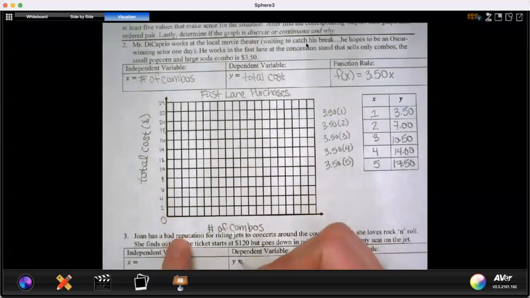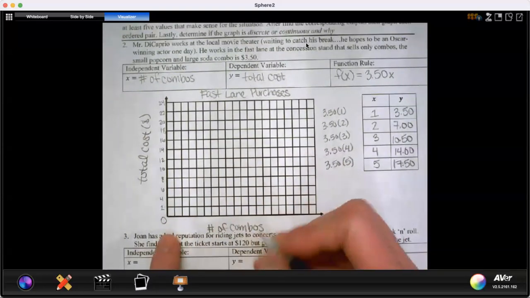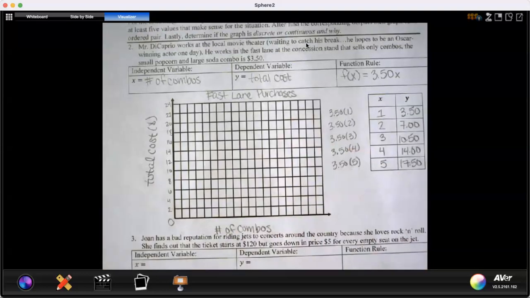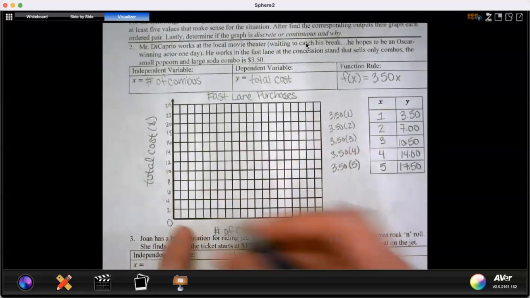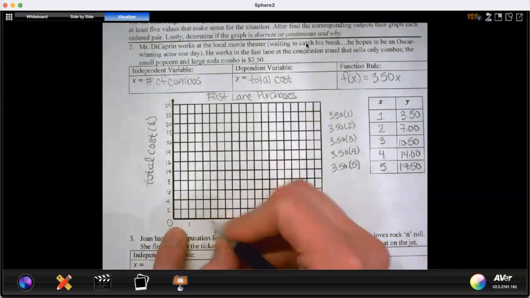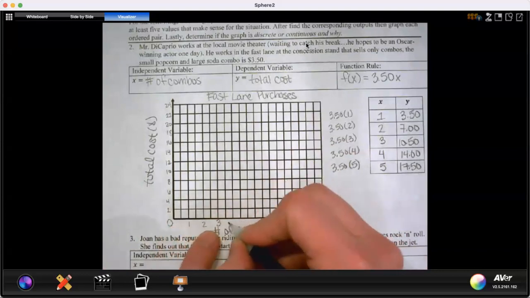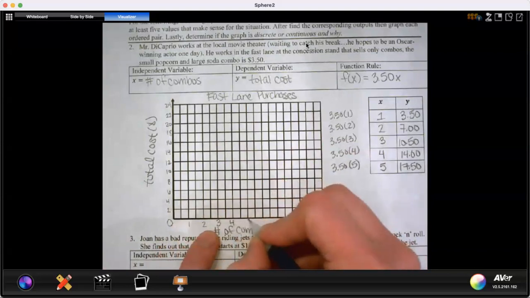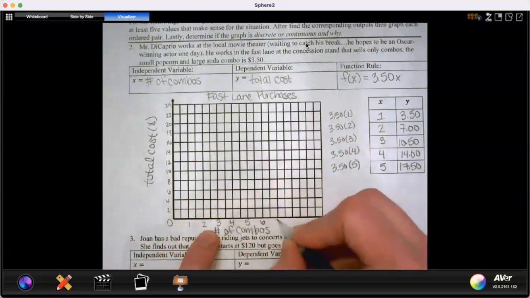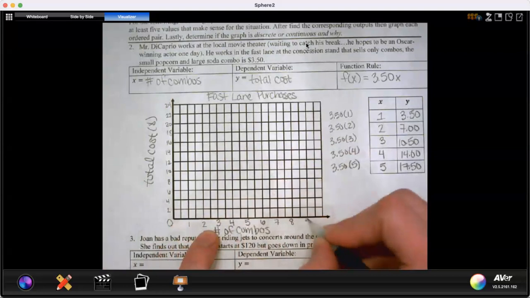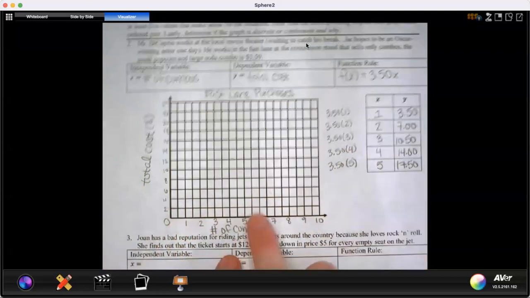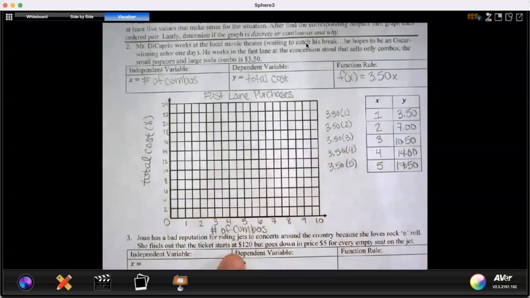I'm going to skip every other line just to give a little bit of space in my graph. So I'm going to say 1 combo, 2 combos, and skip every other line, 3 combos, 4 combos, 5, 6, 7, 8, 9, and 10. Now I only went to 5, but I have space until 10.